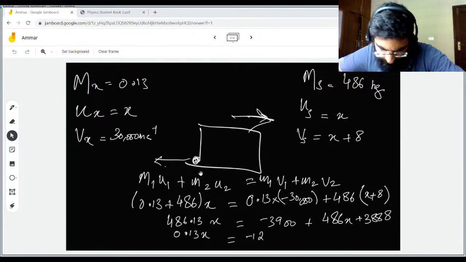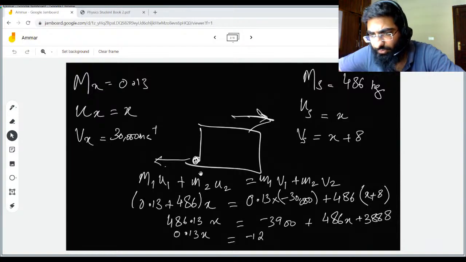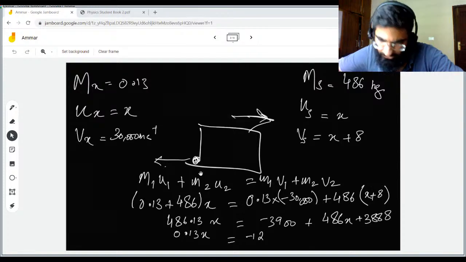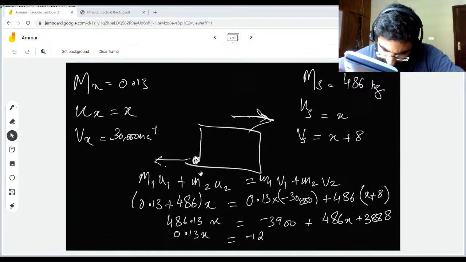Minus 3900 plus 0.13 into 30,000 is 3900, and 486 into 8 is how much? 3888. So minus 12 divided by 0.13 is what?